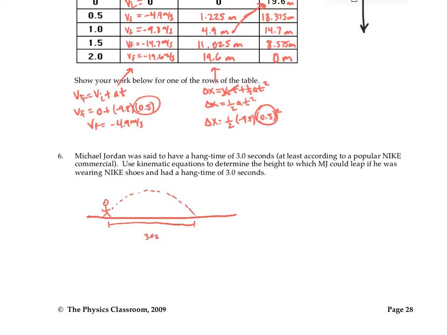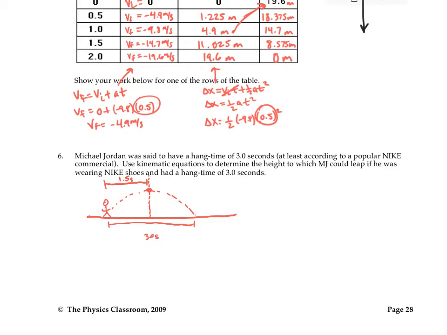If I want to know to what height could he leap, I'm looking for the position at this point, which is exactly halfway through this motion. So I need to figure out the time it takes to get to the max height, not the entire hang time. The time it takes to get to that max height for this problem is exactly half of the hang time.